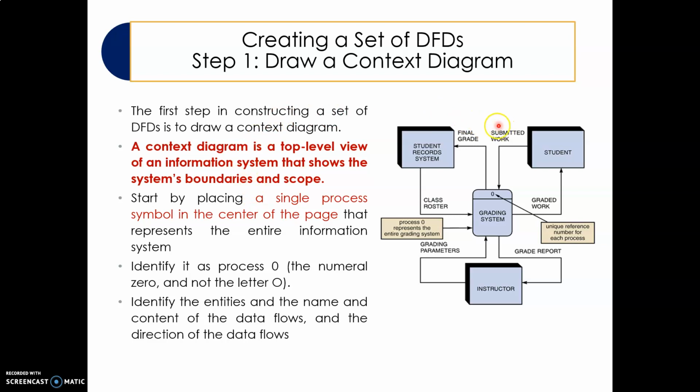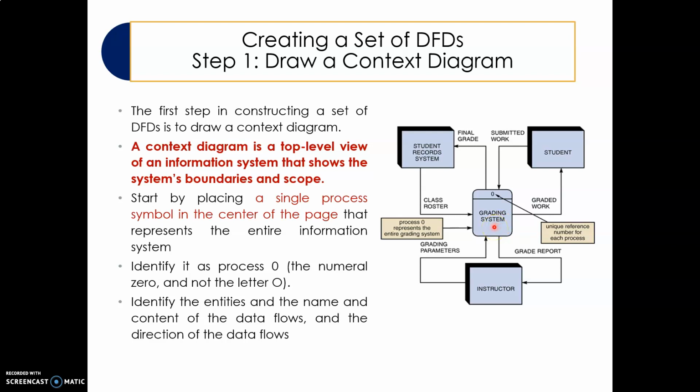So for the first step of constructing a set of DFD, you draw a context diagram first. A context diagram is a top level view of an information system that shows the system boundaries and scope. So first of all, you need to start by placing a single process symbol in the center of the page that represents the entire information system.